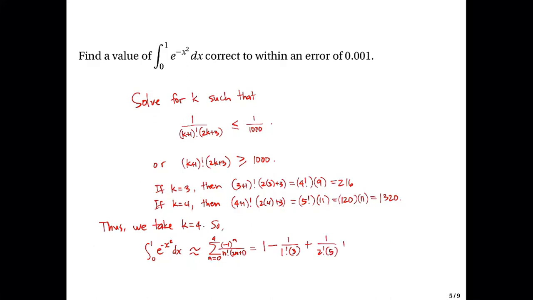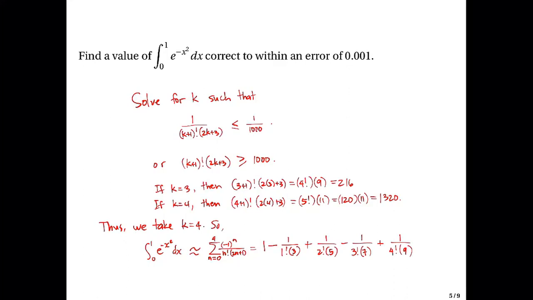Plus, when n equals 3, we have minus 1 over 3 factorial times 2 times 3 plus 1, that's 7. And then when n equals 4, you have plus 1 over 4 factorial times 2 times 4, that's 8, plus 1, that's 9.